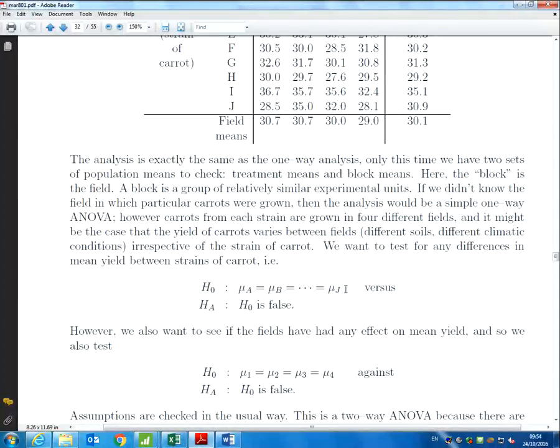Here we're just comparing the treatments: mu A equals mu B through to mu J. And when we compare the fields, that's the second factor, remember? Mu1 equals mu2 equals mu3 equals mu4.